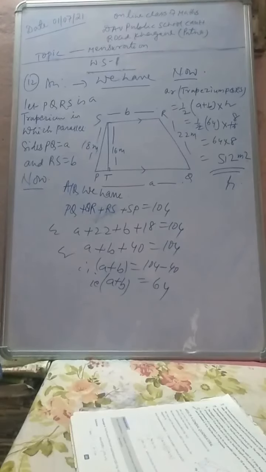Hence, according to the figure, A plus 22 plus B plus 18 is equal to 104.